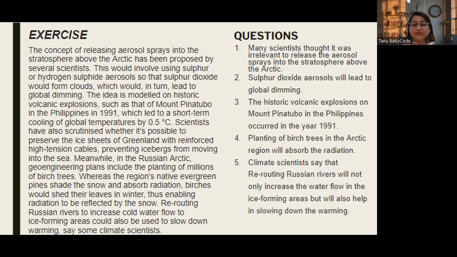Sorry, move to that statement, rerouting. Rerouting Russian rivers will increase the cold water flow in the ice forming areas, which will also slow down the warming. So the statement is true.